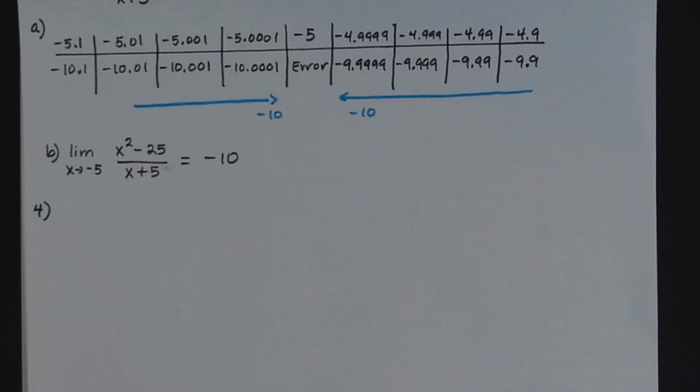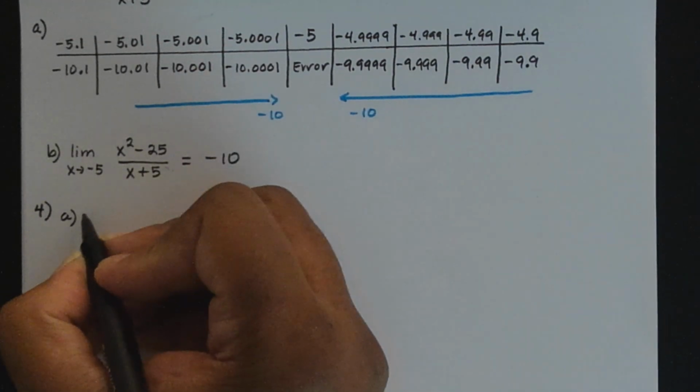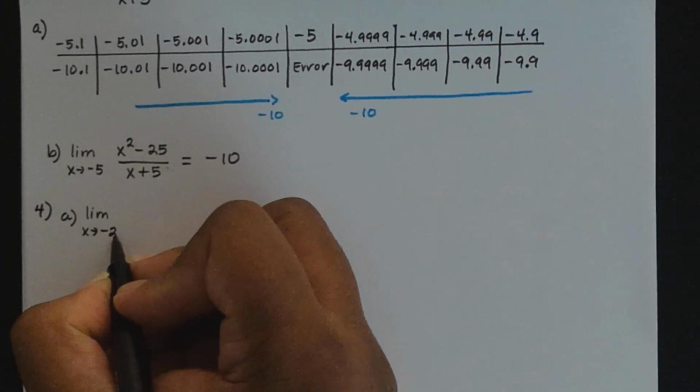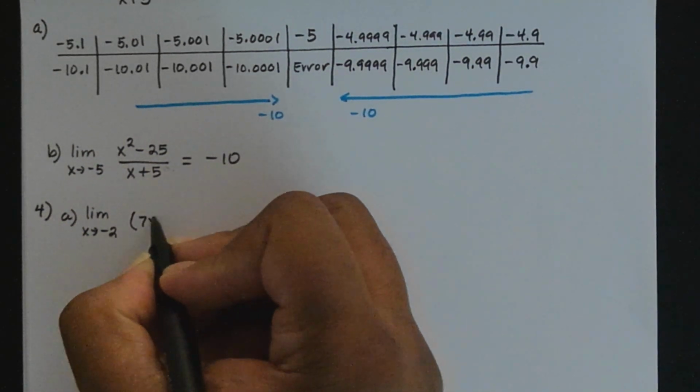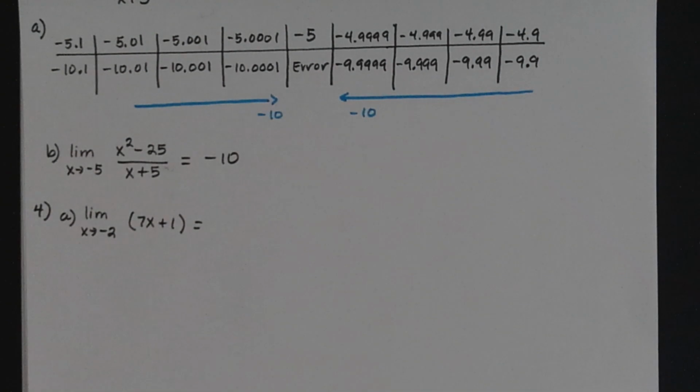So in part A of number 4, we have the limit as x approaches -2 of the quantity 7x plus 1. Now, in this case here, we have a linear function. And in a linear function, we can always use direct substitution when we're taking the limit here.